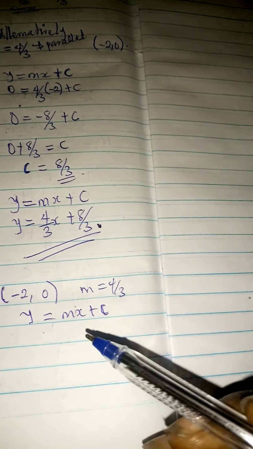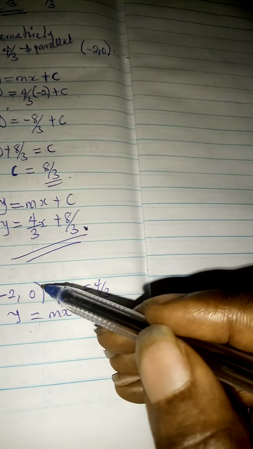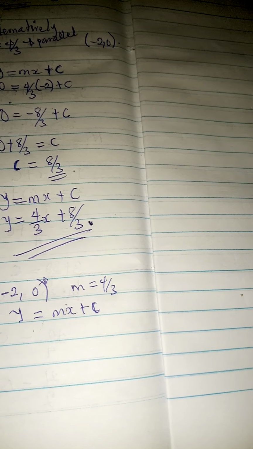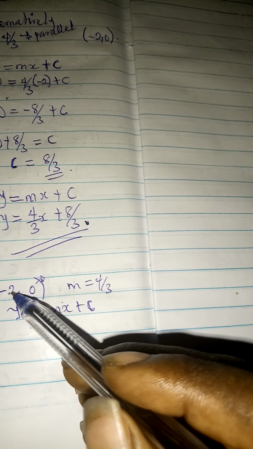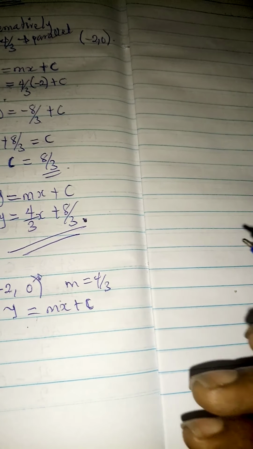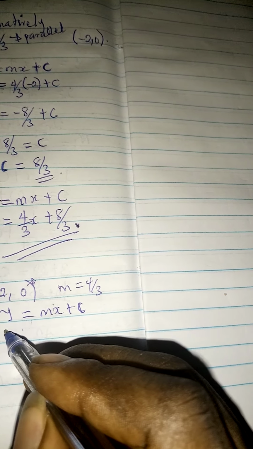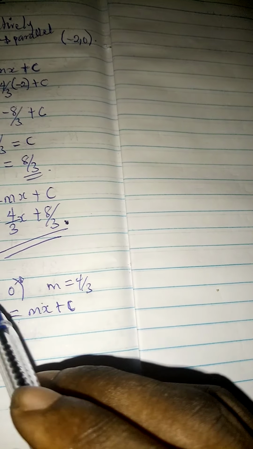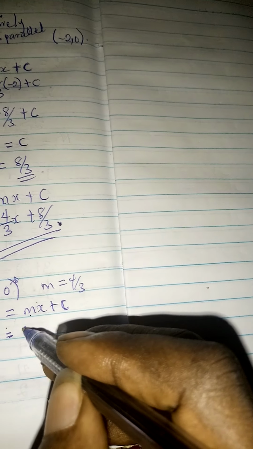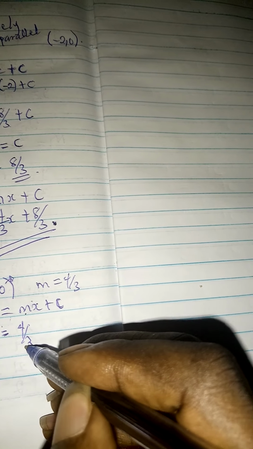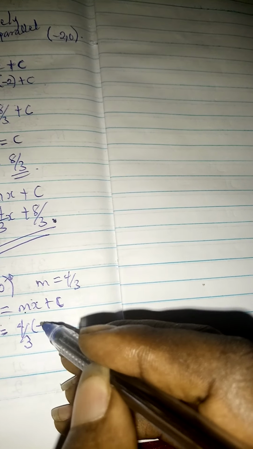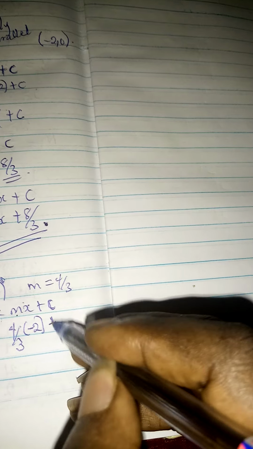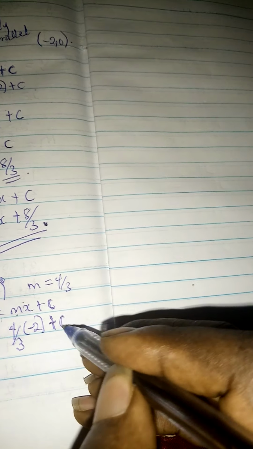How do you do that? You know that already our y-intercept is 0, so you don't need to bring in any value there, and this is x1 based on what we've discussed. So here we have y equals, then the gradient is 4/3, and then the x value is -2, and then you can move on with this plus c.